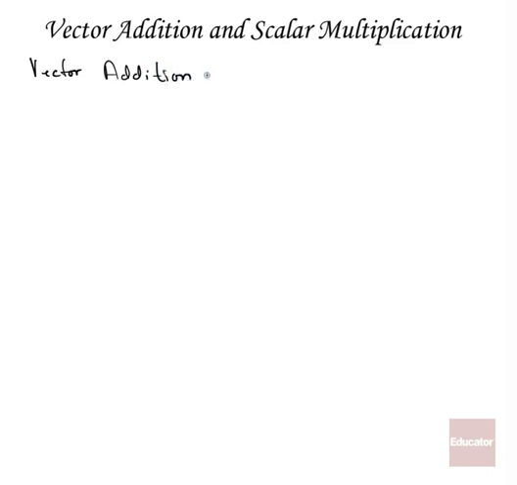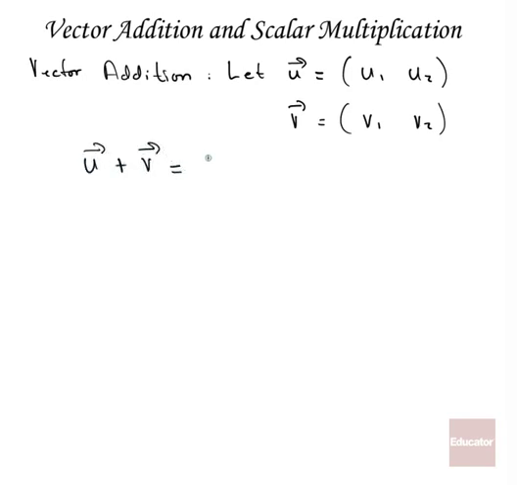Vector addition. We will let u equal u1, u2, and the vector v equal v1, v2. These are just the x and y components of this vector. Notice there are no arrows over them. Then we define the sum u plus v. Well, all you do is add them component-wise.